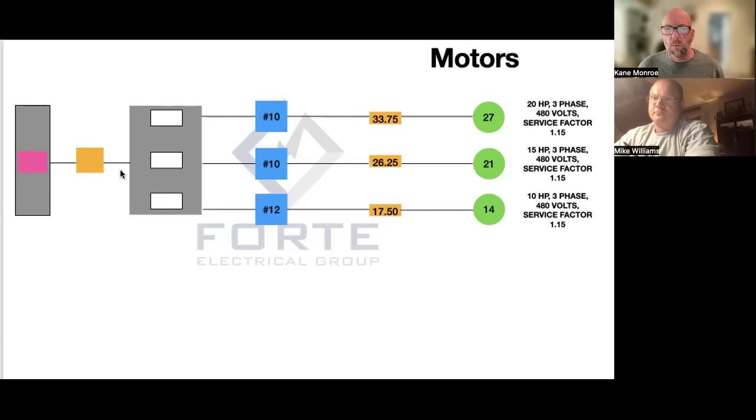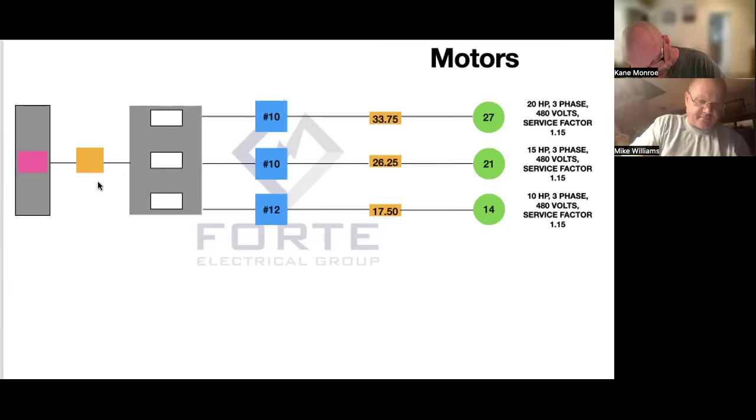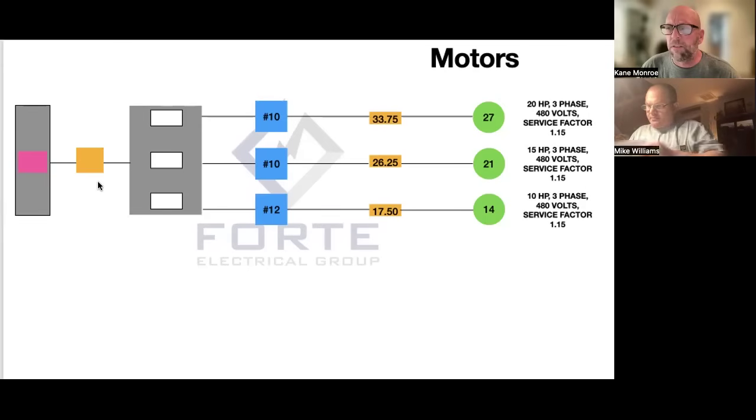Now, we're looking for the wire, so we need to go back to 310.16. Is that right in yours? I'm looking for your conductors. Remember, it had the 60 degree, 75 degree, and 90 degree columns, and we were looking for the wire size.